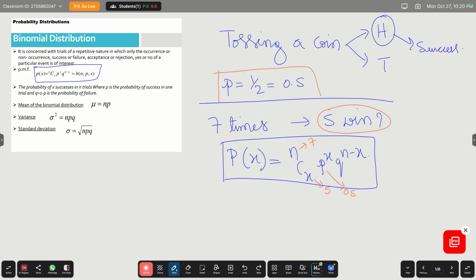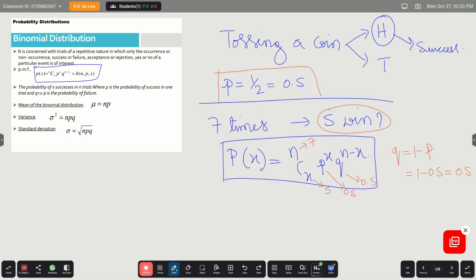And what is q? q is the probability of failure. It is very easy to calculate. Whenever you have p, q can be calculated with the help of the concept of complement, 1 minus p. So q will be equal to 1 minus 0.5 here, which is also 0.5.